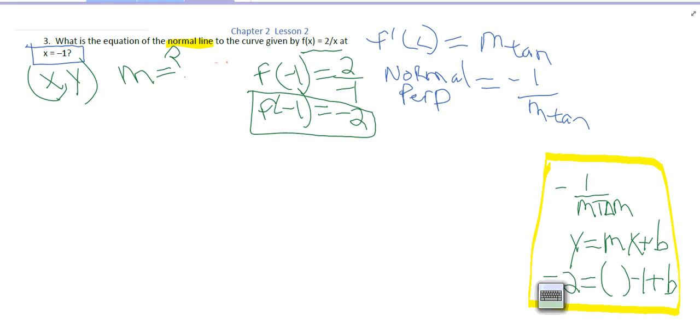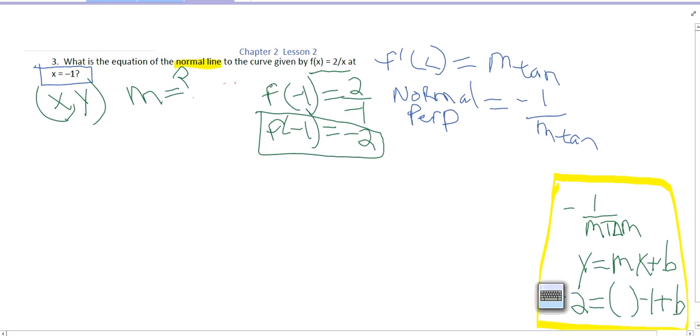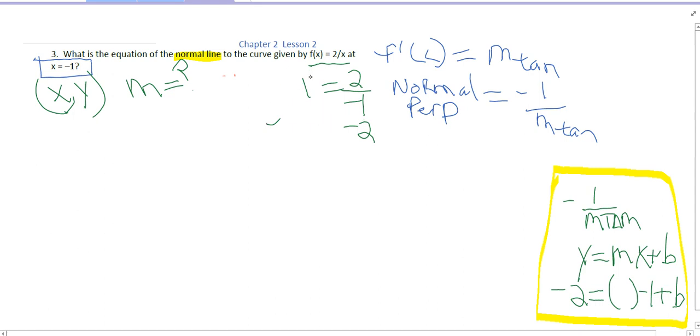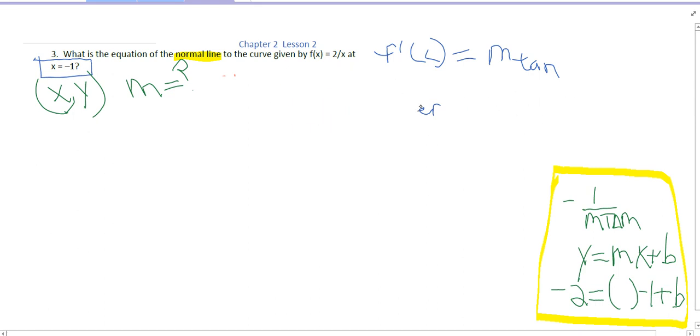Alright, let me erase all this stuff that we have. Whoops. Let me try to erase it. So let's set off on our quest to find that.